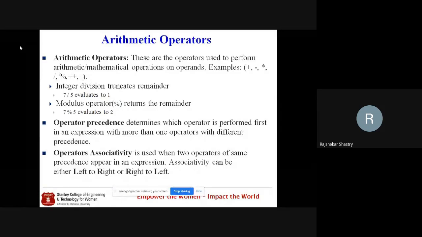For that, we have to remember two very important properties about these operators: operator precedence and operator associativity.